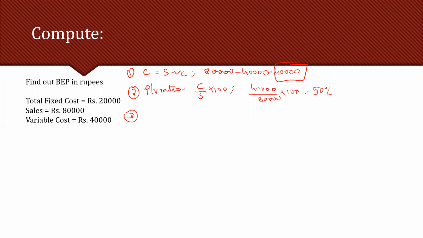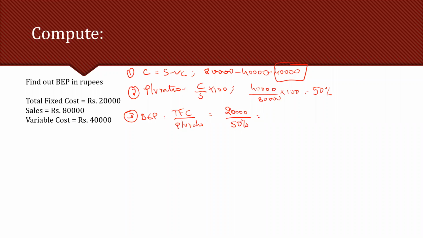Now you can find out BEP. How? Total fixed cost divided by PV ratio. Total fixed cost how much? 20,000. 20,000 divided by PV ratio 50%.